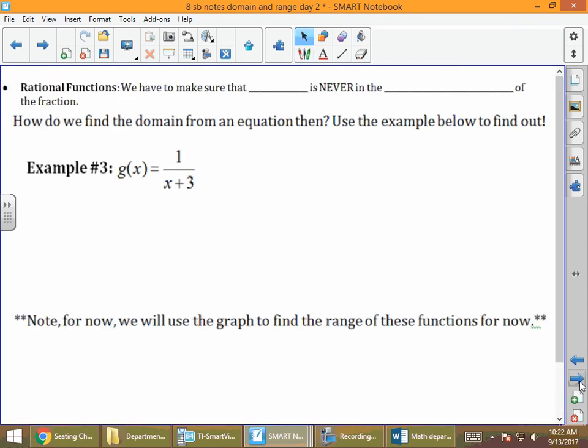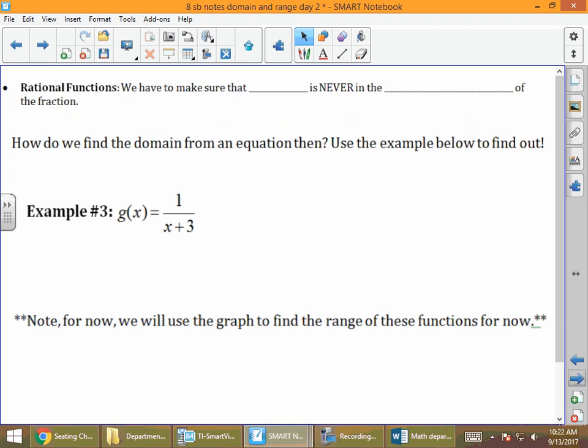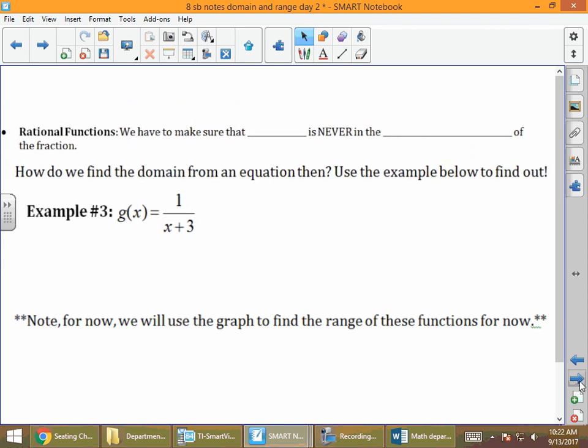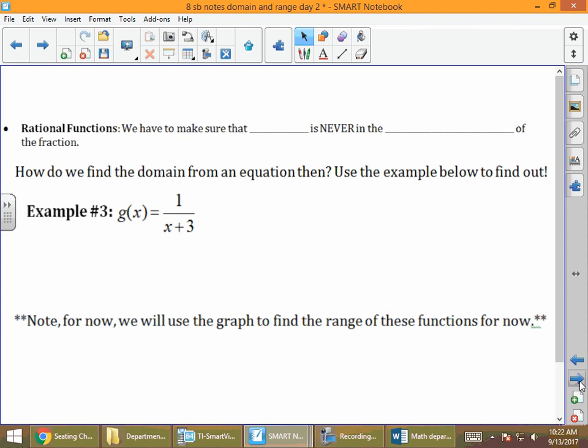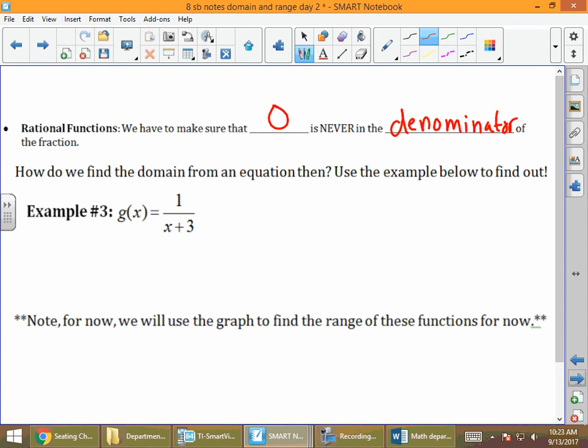When we look at the rational functions, same kind of thing we need to watch out. And what we need to watch out for is we need to make sure that 0 is never in the denominator of the fraction. The denominator, by the way, is the bottom of the fraction.